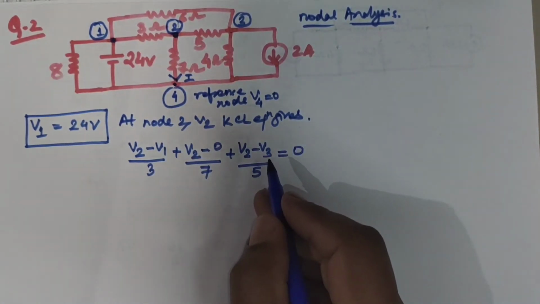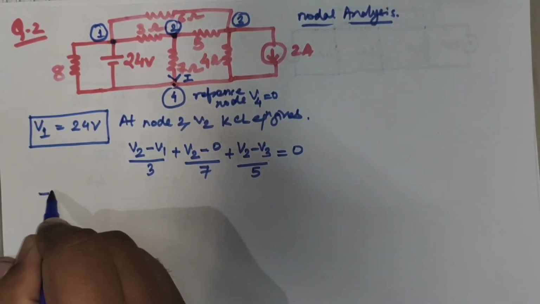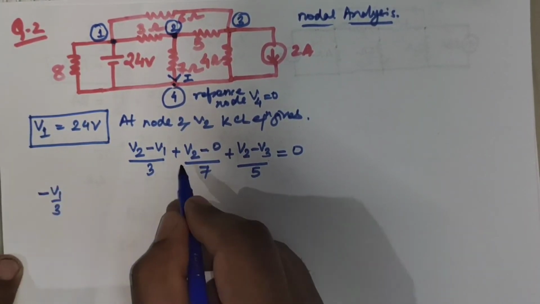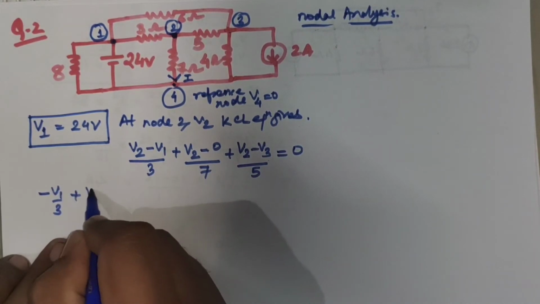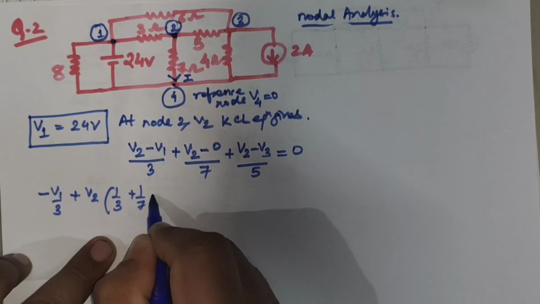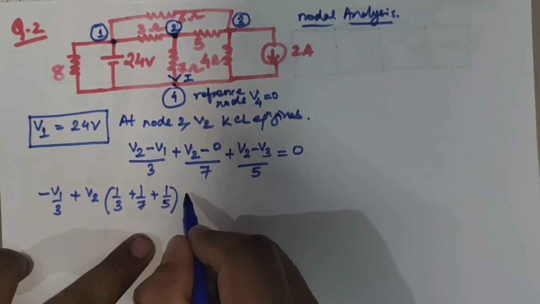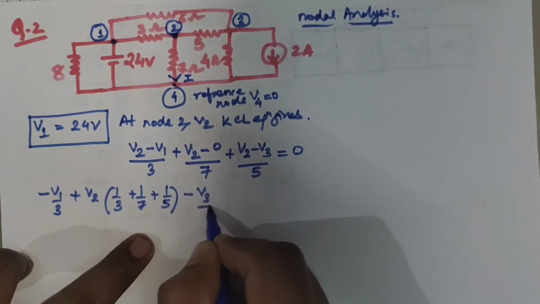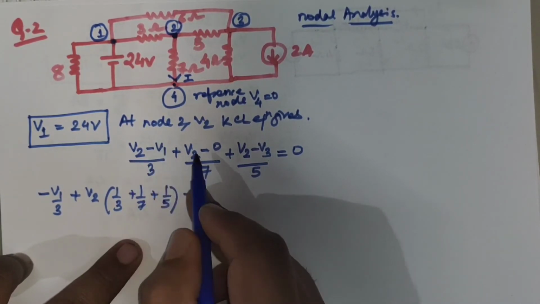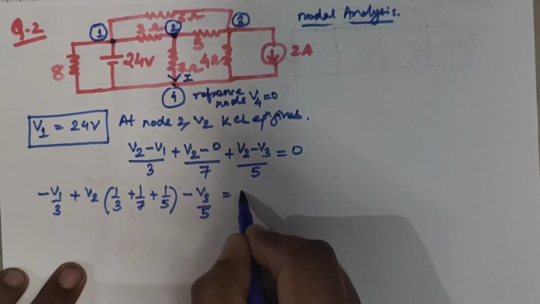Next, we need to do simplification of this equation. So it will be minus V1 by 3. Next is V2 times 1 by 3, 1 by 7, 1 by 5. Next, minus V3 by 5, equals to 0.